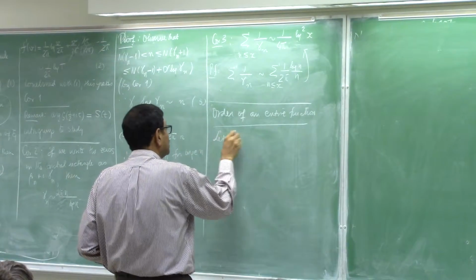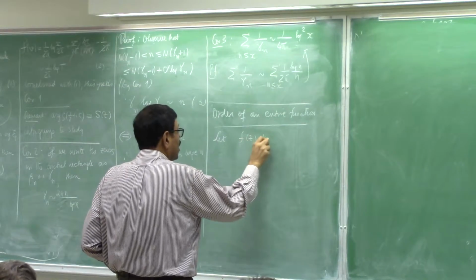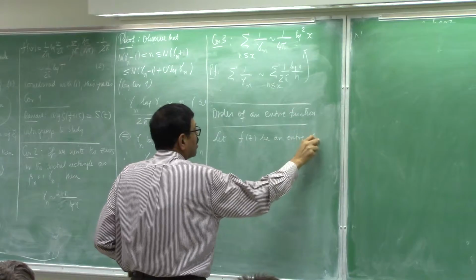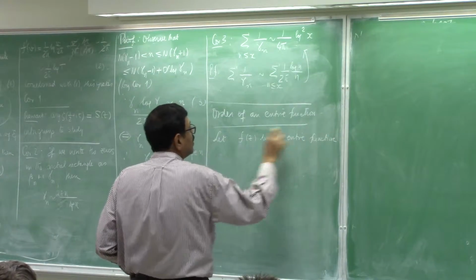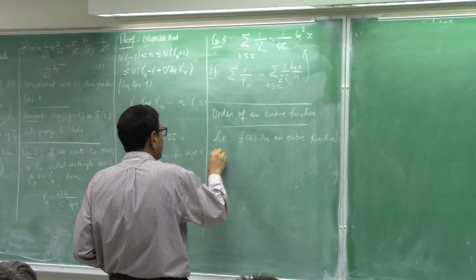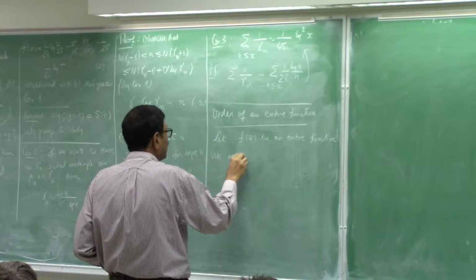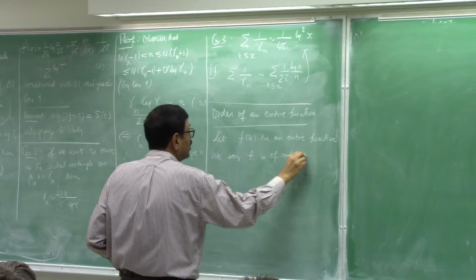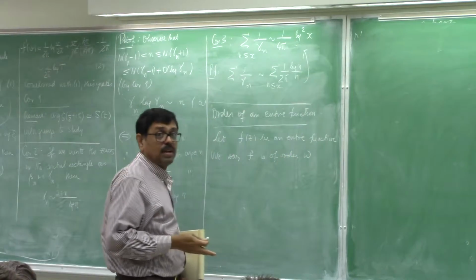Okay, so the order of an entire function is, so let f of z be an entire function. And, okay, we say f is of order omega. Now, omega could be infinity.